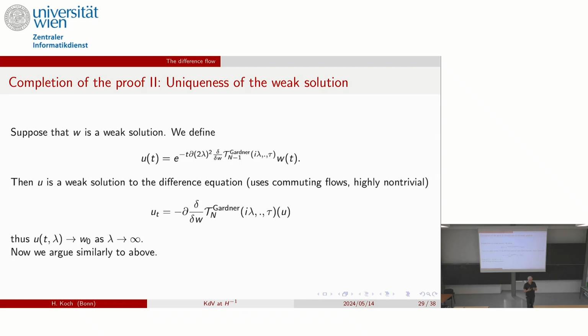But if you look at what that means, then if you put in a different time variable here and differentiate with respect to that, then you get operators of order 2n plus 1, or n minus 1, which you then apply to a weak solution, which again satisfies an equation which has higher order derivatives. So if you look at what that implies for the equation, then it's a mess. That looks entirely hopeless.